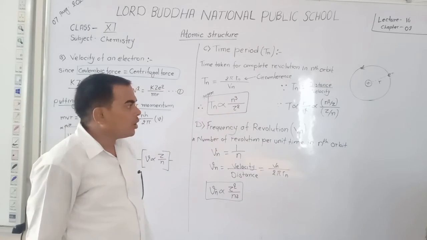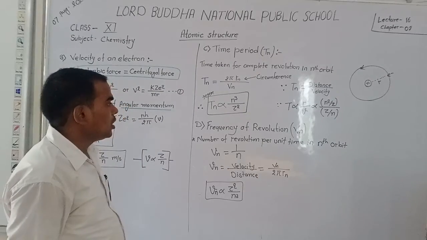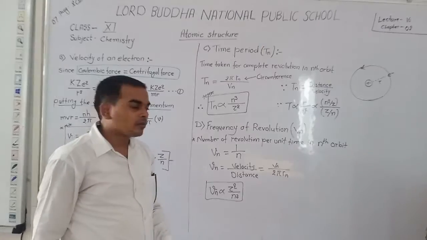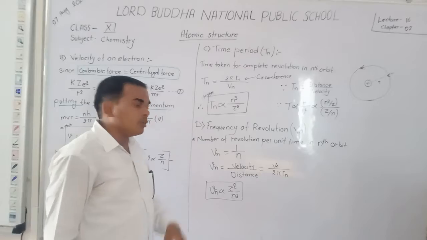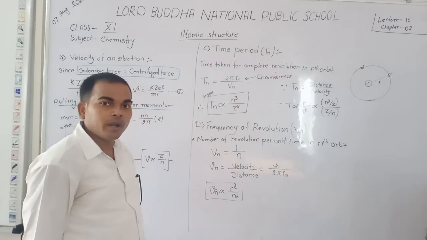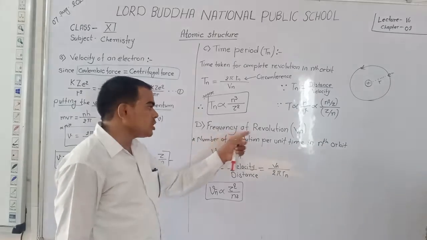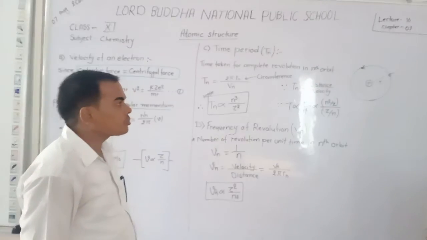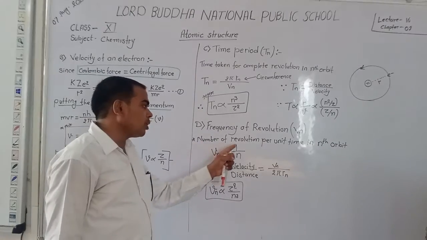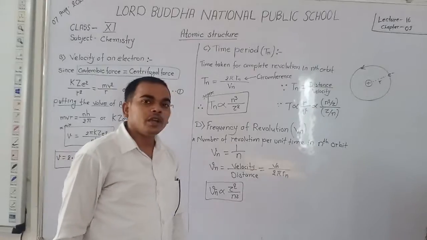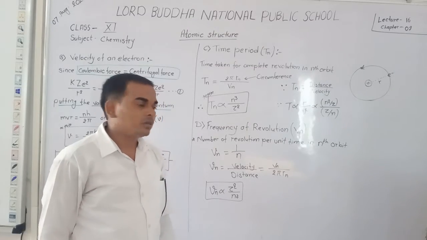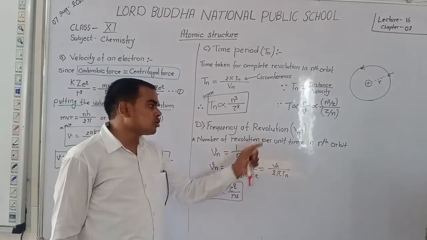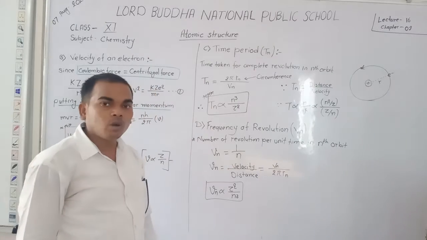Okay, dear student, now we discuss another application of the Bohr atomic model, that is the frequency of revolution. Dear student, this is the number of revolutions per unit time in the nth orbit.